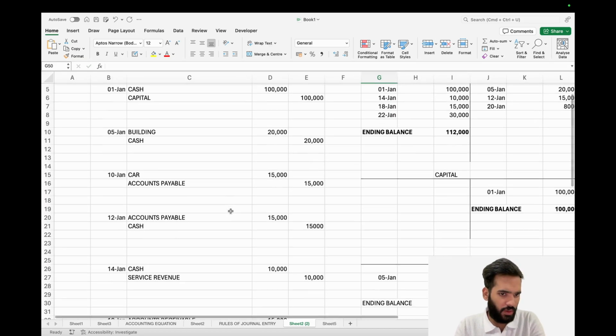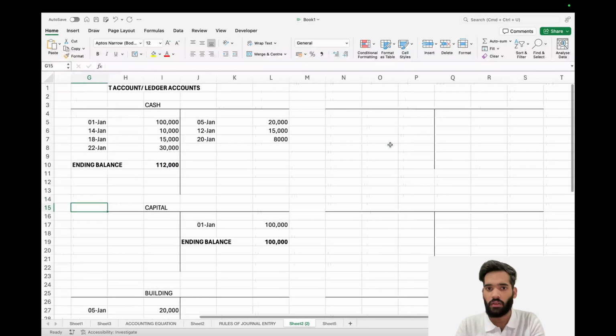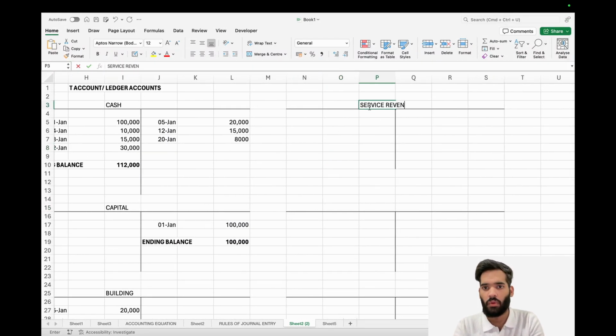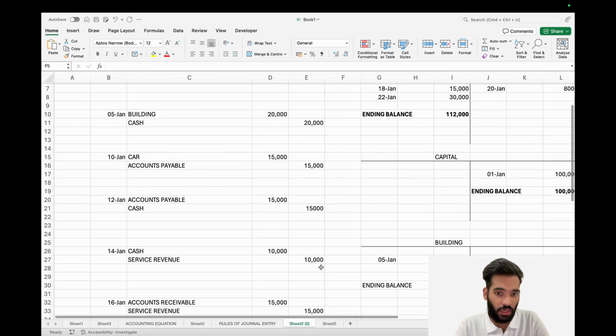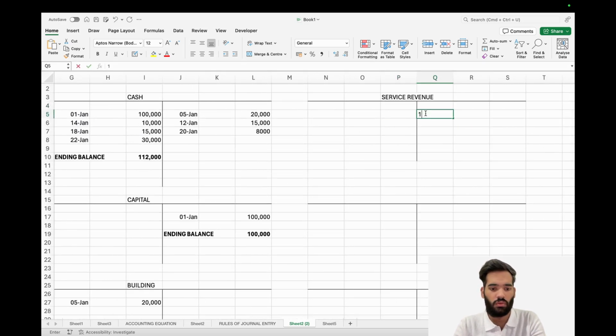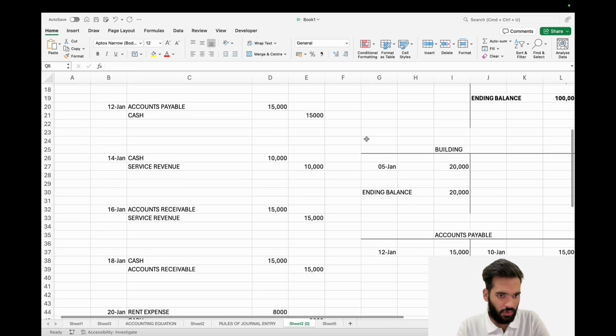After car and accounts payable, we have service revenue. So let's do that. Service revenue. All right. So service revenue is being credited by 10,000, 14th of January. So 14th of January, 10,000 credit. Awesome. Let's keep going. Any other service revenue? Yes.